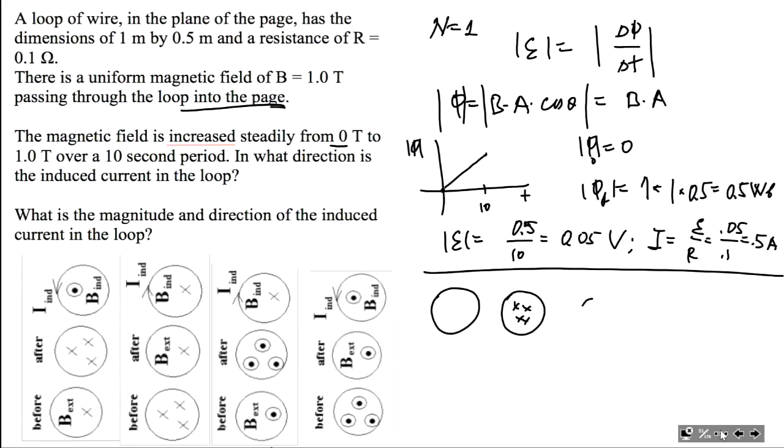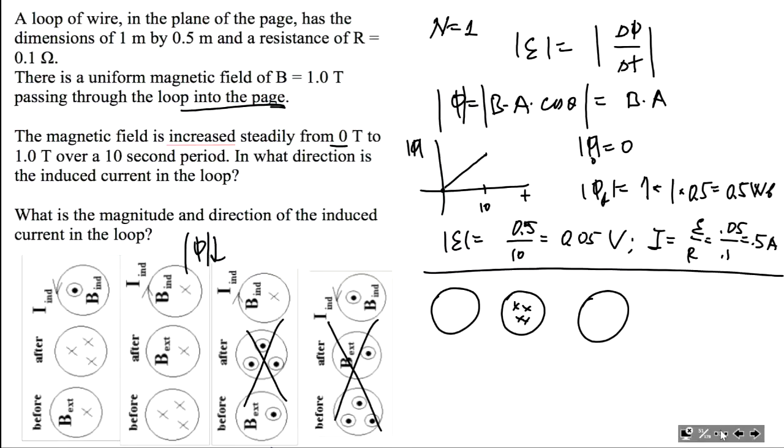So now we can choose which picture would tell us the answer. Well, definitely not number 4 and not number 3. So we have to choose between number 1 and number 2. In the picture number 2, the flux decreases in magnitude. We have a lot of magnetic field and then less.